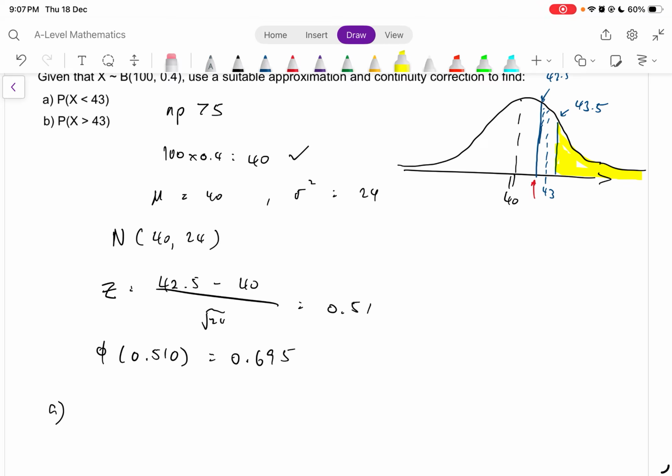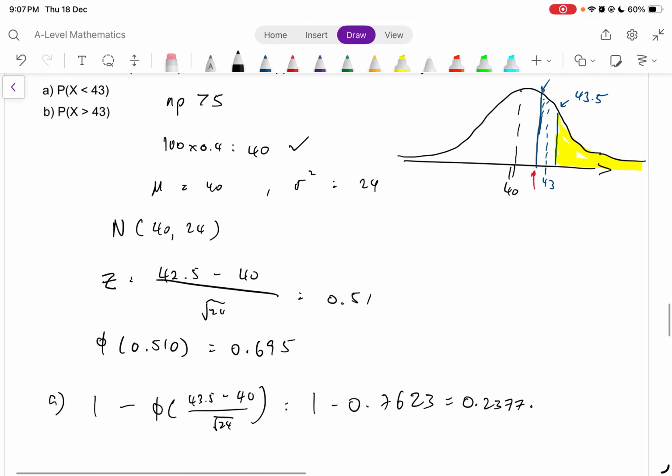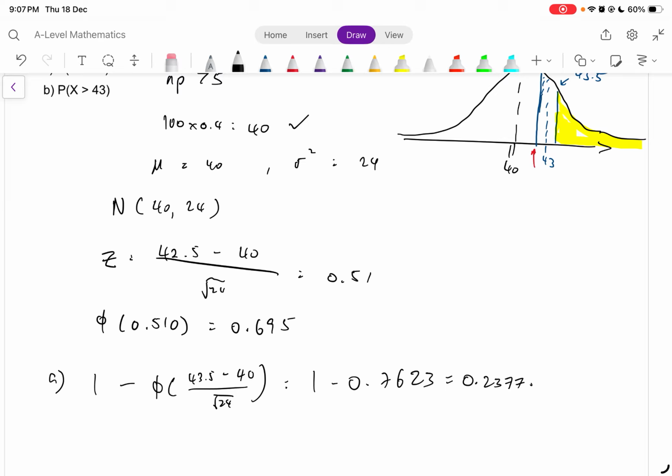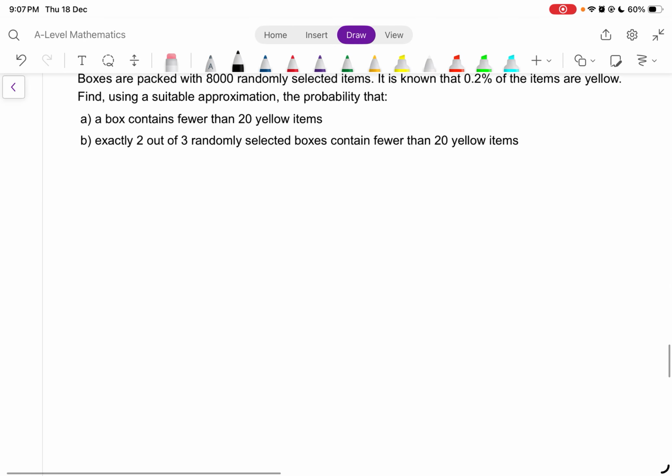But we have to make sure we subtract that from 1 to find the yellow region. So 43.5 minus 40 over the square root of 24, which gives 1 minus 0.7623, which is the same as 0.2377. And 3 significant figures, do they want? No, it's fine. Then we can leave it like that. Okay, let's try it out.